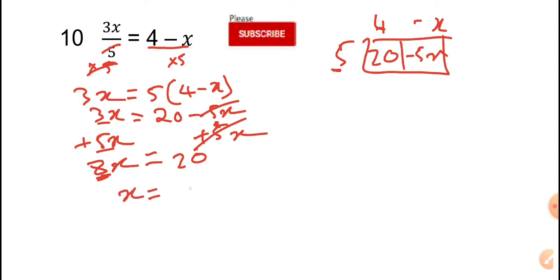So x will be equal to 20 divided by 8. Now because they're both even numbers, we can half them both. So we get 10 over 4. We can half them again.